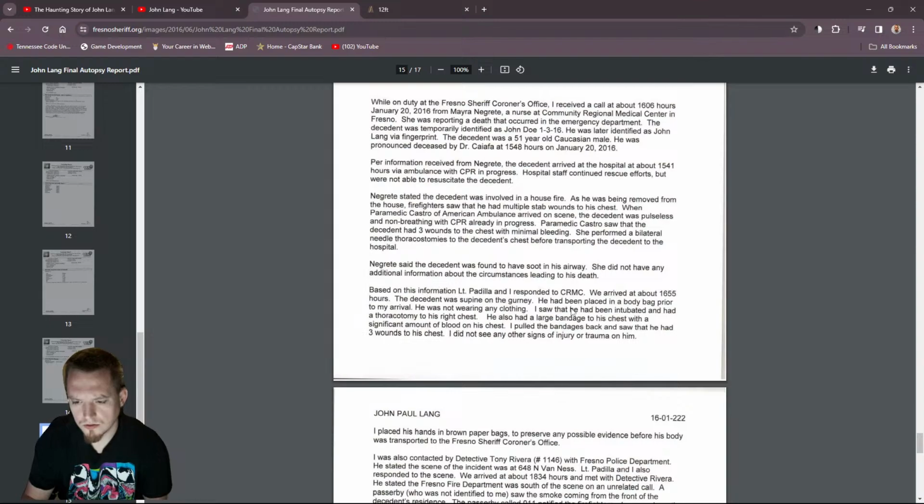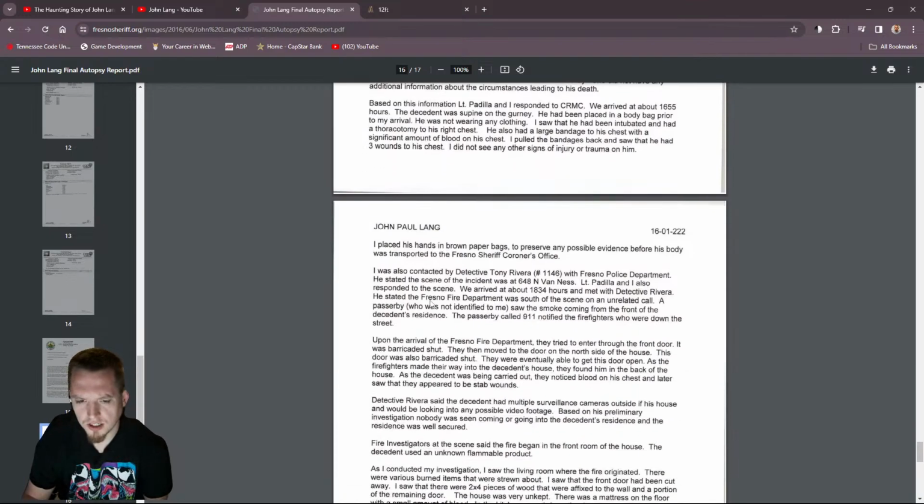Doesn't say anything about him being wounded on his back, at least in the autopsy.